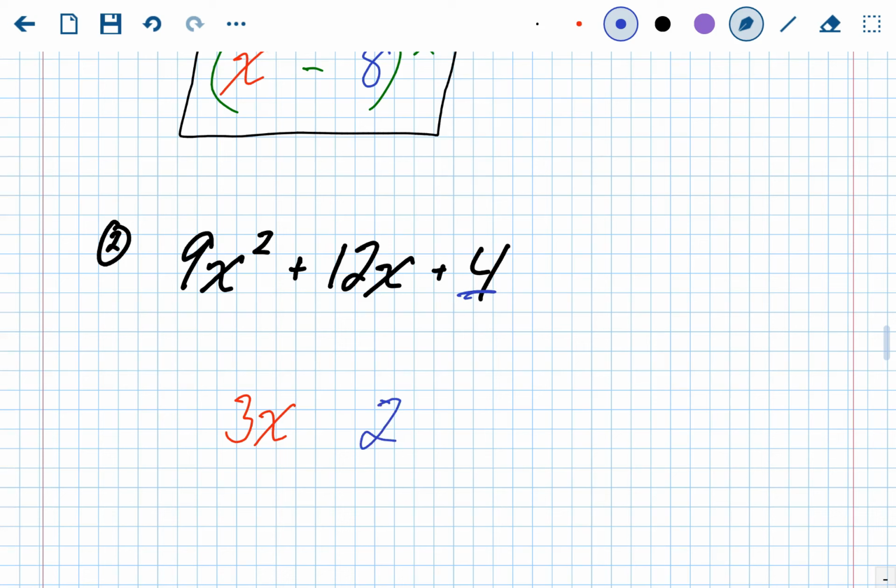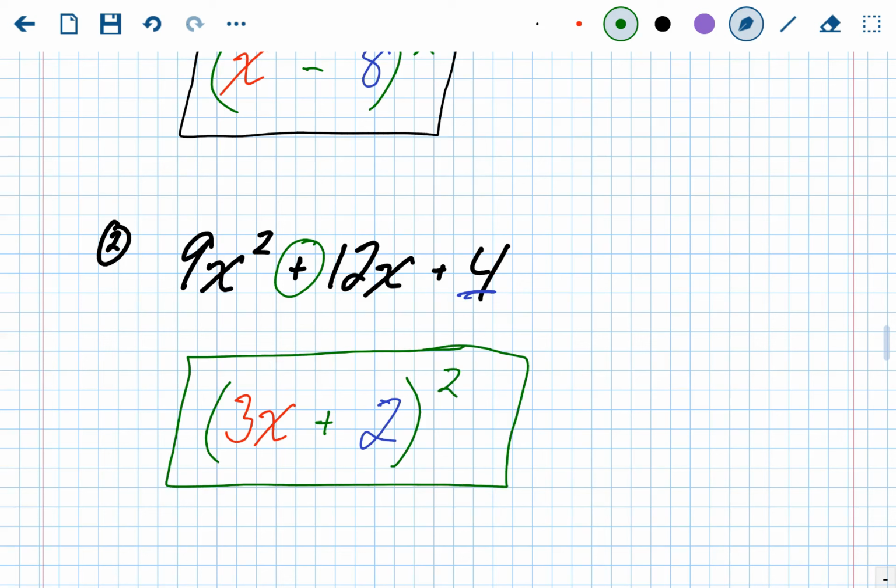Multiply them together: 3x times 2 is 6x. Double it, you get 12x, which is the middle term. So it is a perfect square trinomial. We take the sign in the middle and square the whole thing. Factoring that one using the other methods would be very difficult, but if you recognize the pattern, it becomes a lot easier.